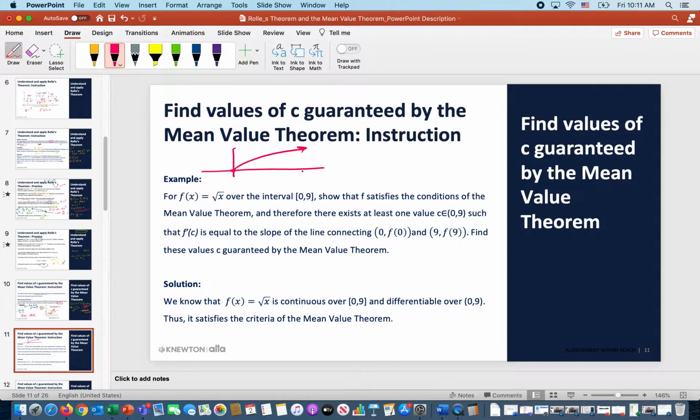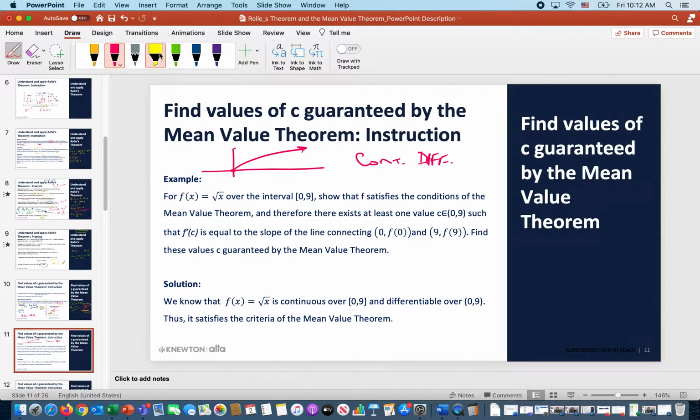That means it is continuous and differentiable. There exists at least one value of c so that the derivative is equal to the average rate of change.